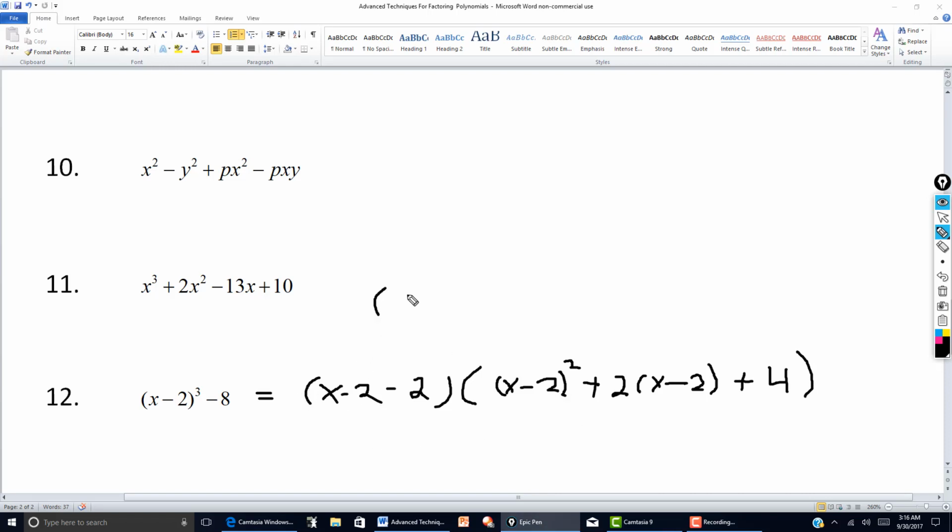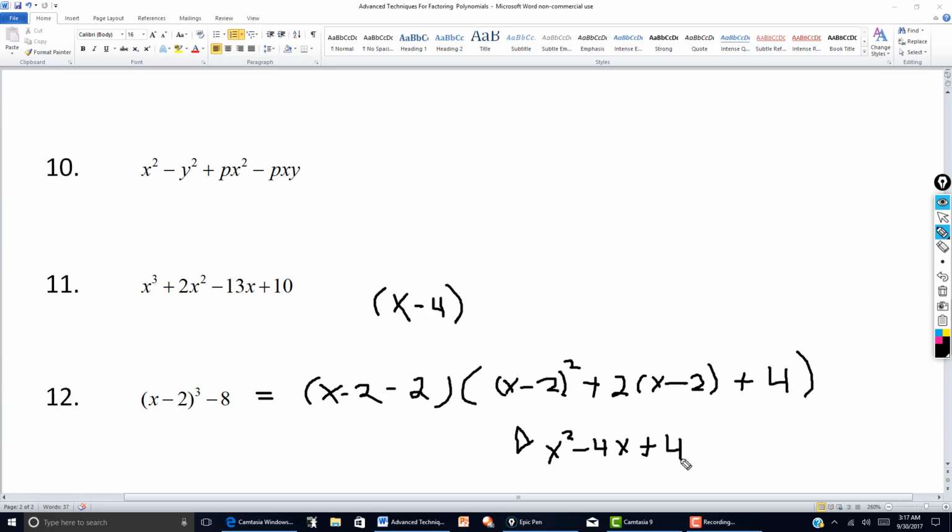Let's simplify the first factor. It can be written as x minus 2 minus 2, so that's just x minus 4. And the second factor, (x minus 2) squared, I can write as x squared minus 4x plus 4.